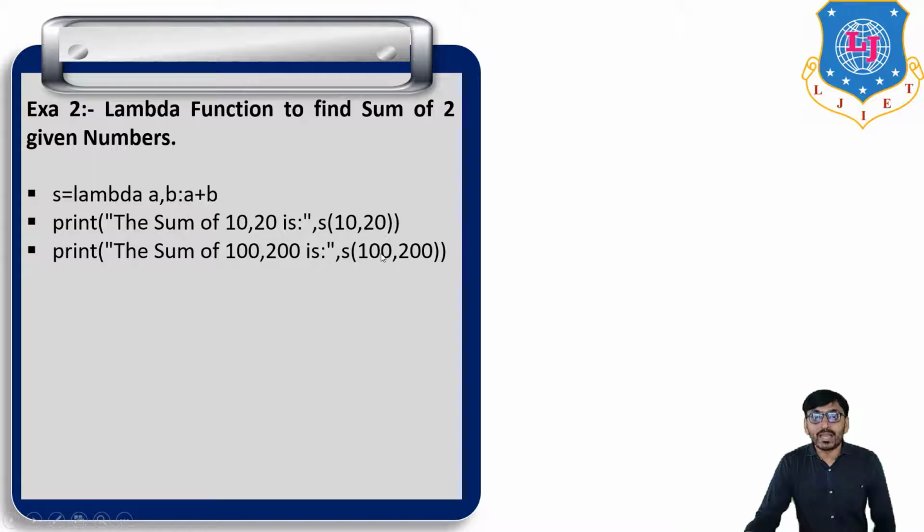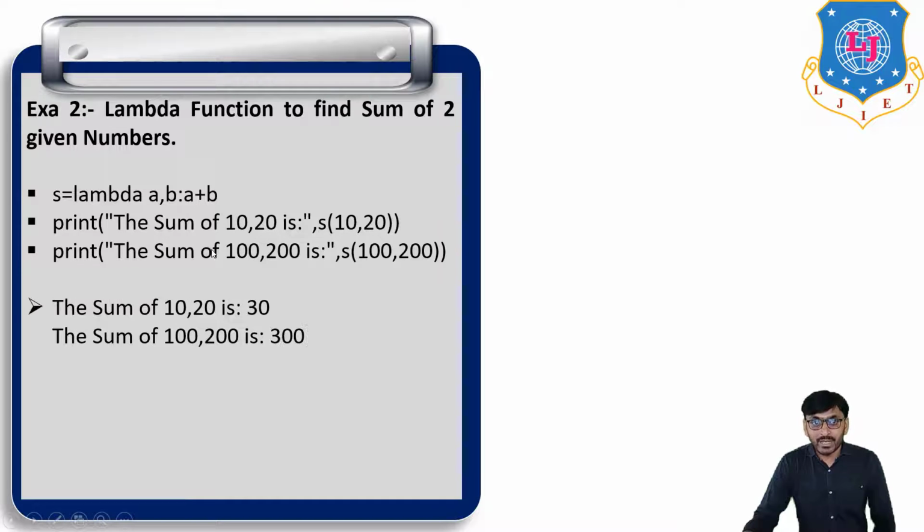Now this 10 and 20 are transferred here to a plus b, and this 100 and 200 are also transferred here to a plus b. So if we run this program, then the output is the sum of 10 and 20 is 30 and the sum of 100 and 200 is 300. So simple. Lambda function improves the readability of the program.